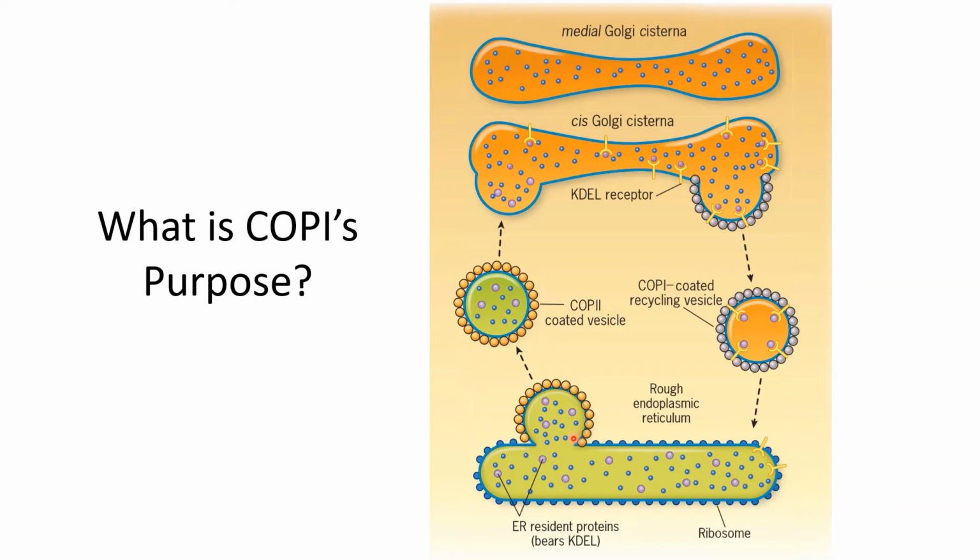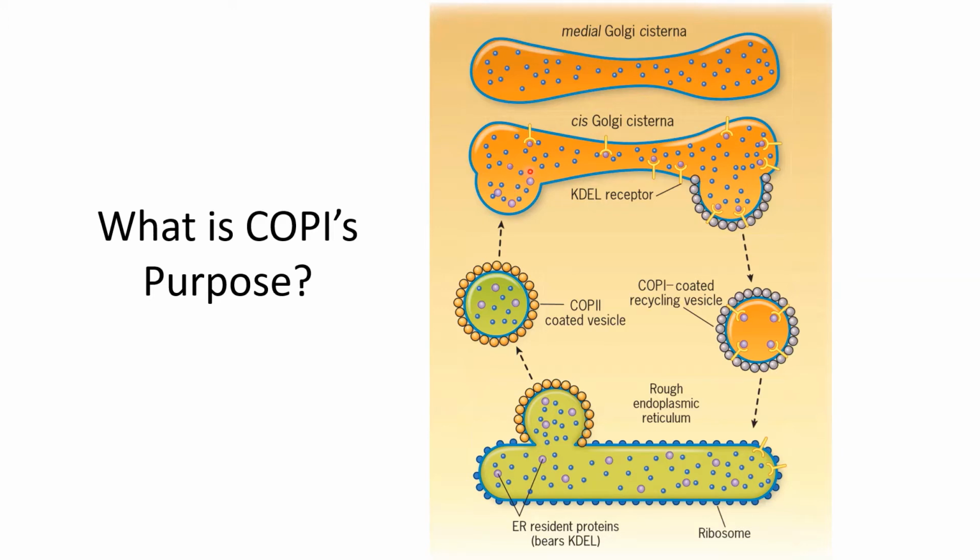So it's not really a clean work. Some of the resident proteins which are meant to be left behind are somehow carried within the vesicle that is coated with the COP2. So notice here, some of the purple proteins reach the Golgi network and they're not supposed to be here.